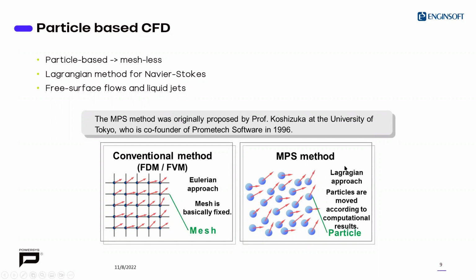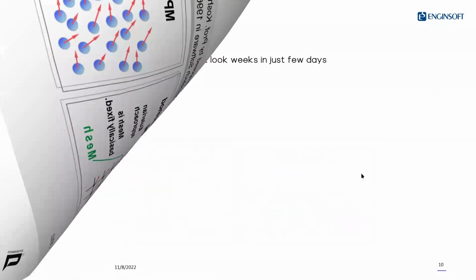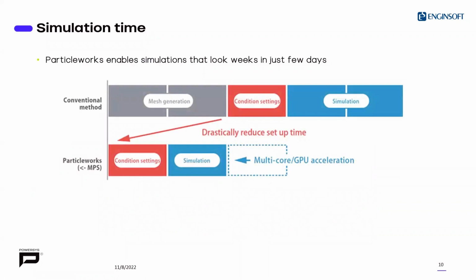Here we use the Lagrangian approach to solve the Navier-Stokes equation. With this MPS tool, it is very fast and easy to simulate any type of application. This method was originally proposed by Professor Koshizuki at the University of Tokyo, who is the co-founder of Romax software since 86.